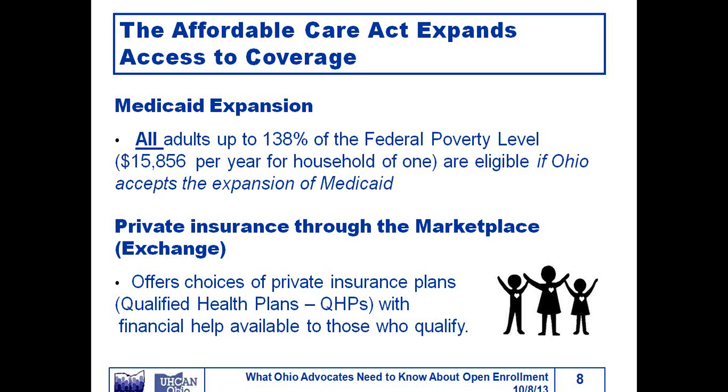I'm going to talk just briefly about some of the fundamentals of the Affordable Care Act. We're primarily focusing at this point on access to coverage, and the Affordable Care Act has two basic ways of making coverage affordable: through an expansion of Medicaid to all adults up to 138% of the federal poverty level, about $15,800 for a household of one, and through the marketplace, which is the most used term now, but the legal term has been the exchange.